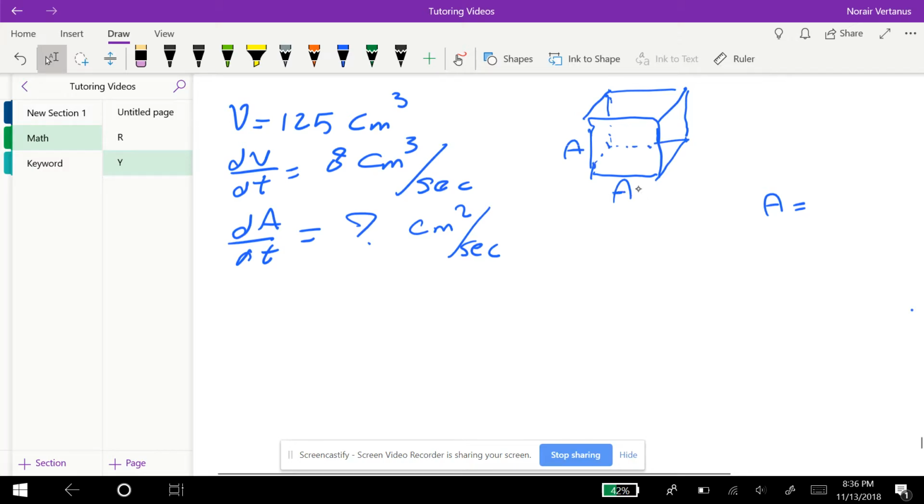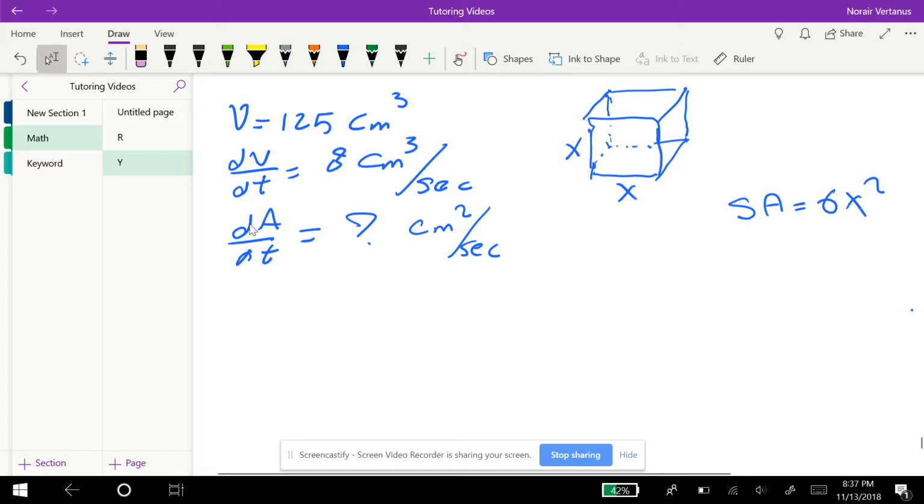So there's 6 sides, therefore total surface area is equal to 6a squared, because the area of each one of them is a squared. Actually, let's put x for each one of them. So 6x squared.